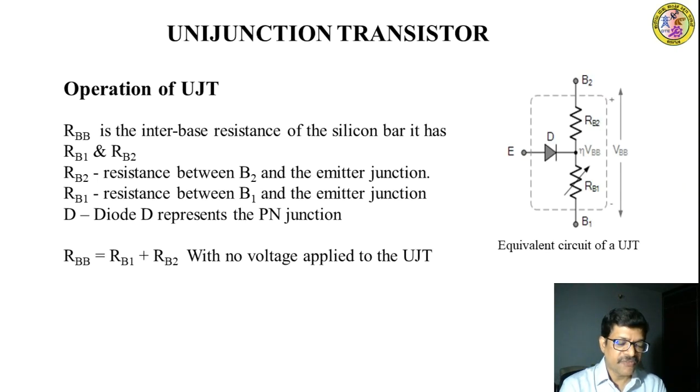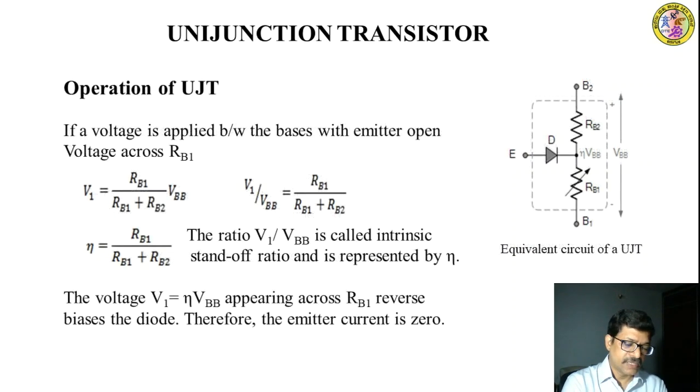Second instance, if a voltage VBB is applied between the bases with emitter open, the voltage will divide across RB1 and RB2.